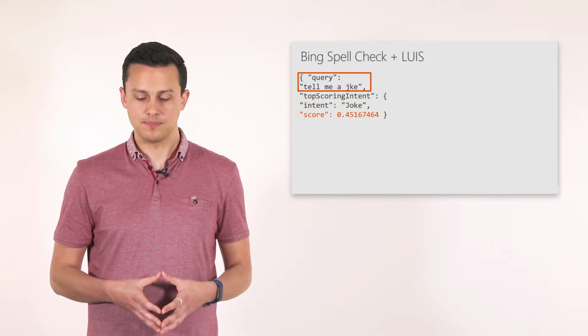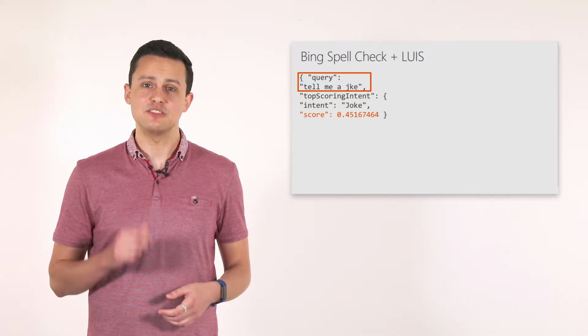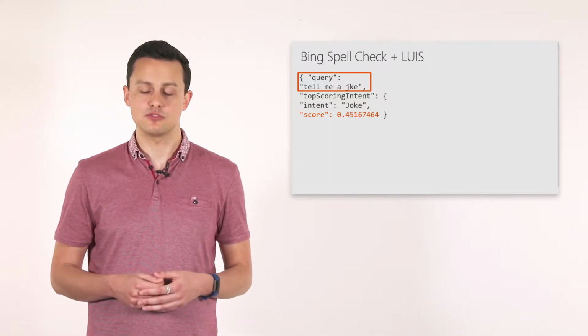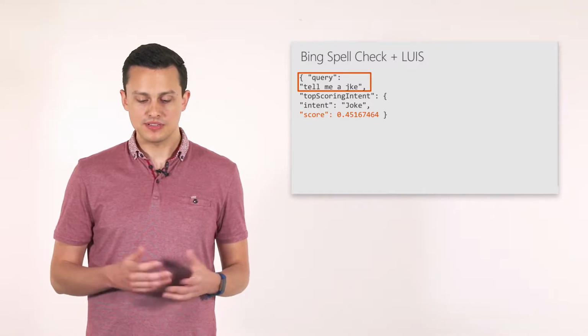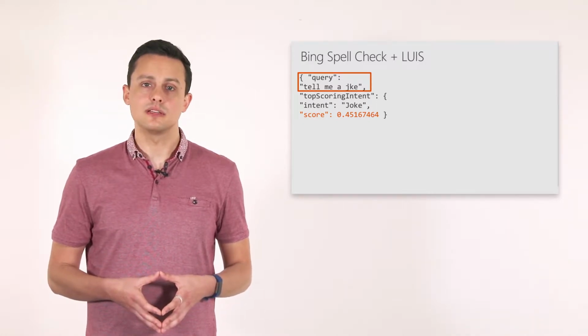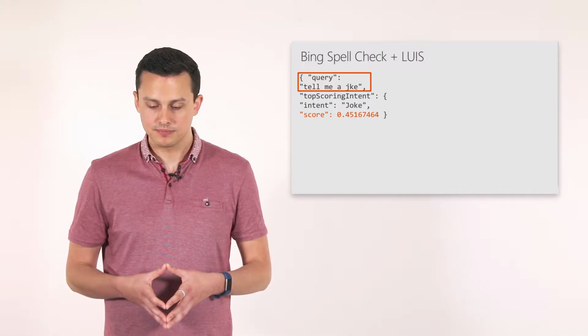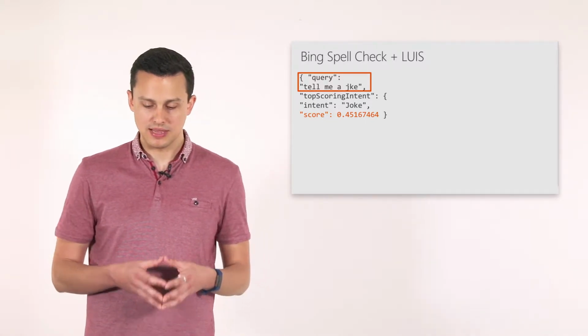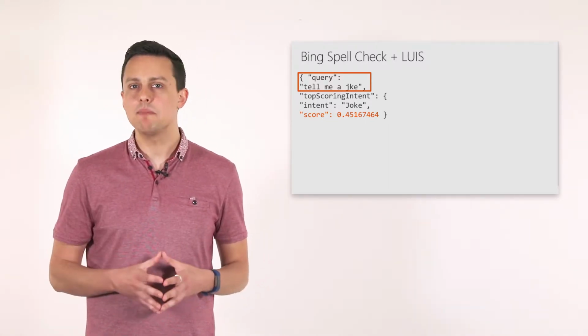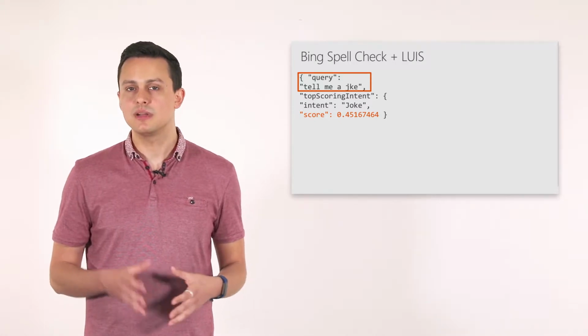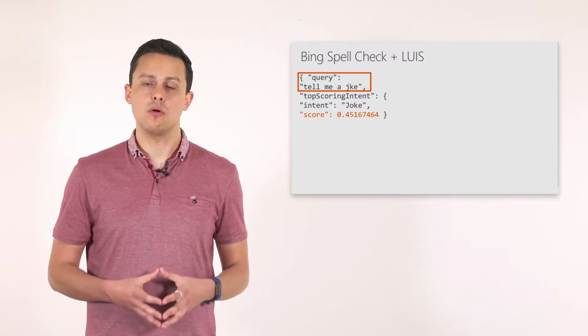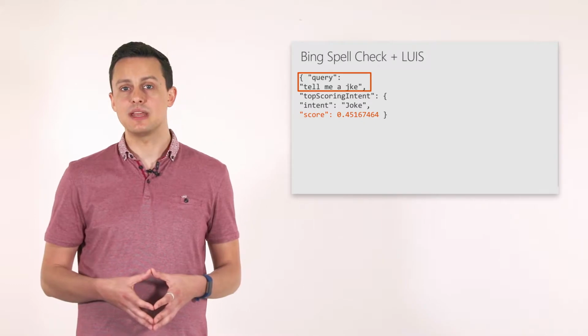LUIS is just the same, and in fact has built-in connections to the Bing Spellcheck API. So for example, if I sent a query to LUIS that was "tell me a joke," and I missed the O out of joke as I have here, it may still match that using its model, but it's likely to be a very low quality match, and it may mismatch it depending on the complexity.